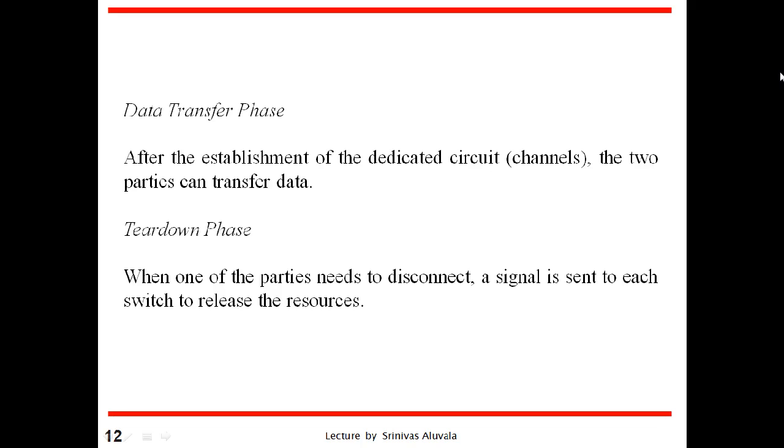At the end comes the teardown phase: when one of the systems needs to disconnect, a signal is sent to each switch to release the resources. The dedicated link or channel path is terminated, and there the data transfer between both devices ends.